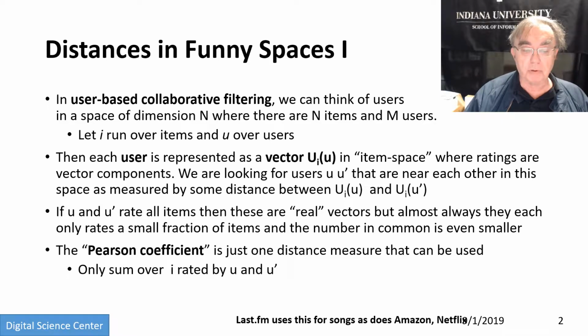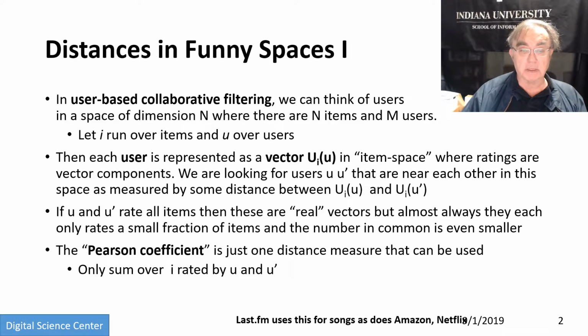And so you use what's called the Pearson coefficient for discussing the relationship between vectors, and is effectively the distance which only sums over the items which are rated, namely have an entry for both of these users. And this is used by Amazon, Netflix, Last.fm, and so on.